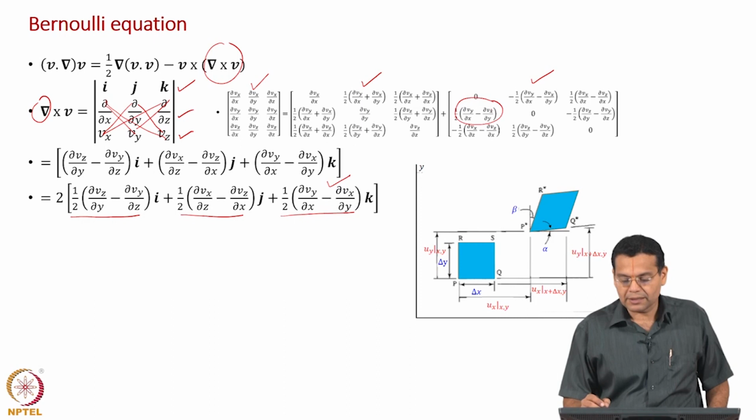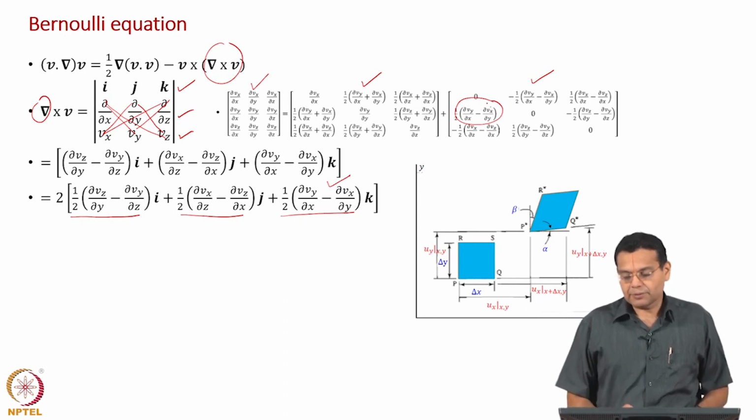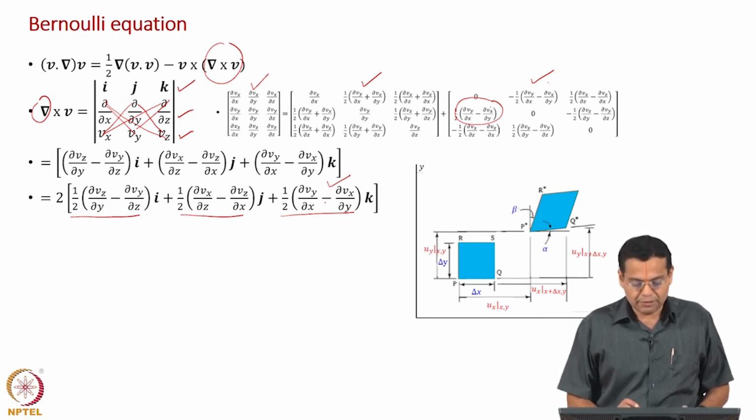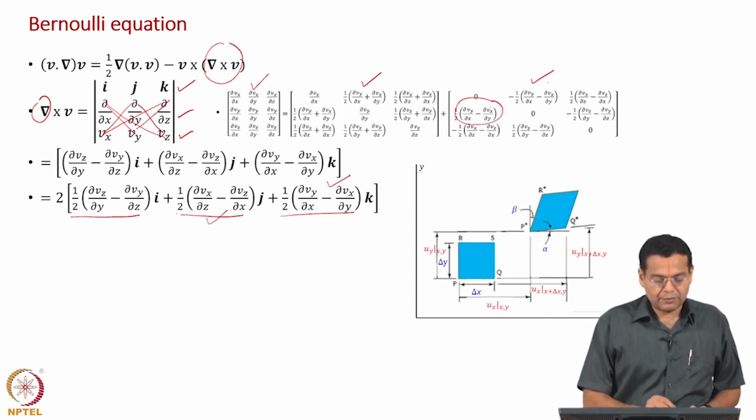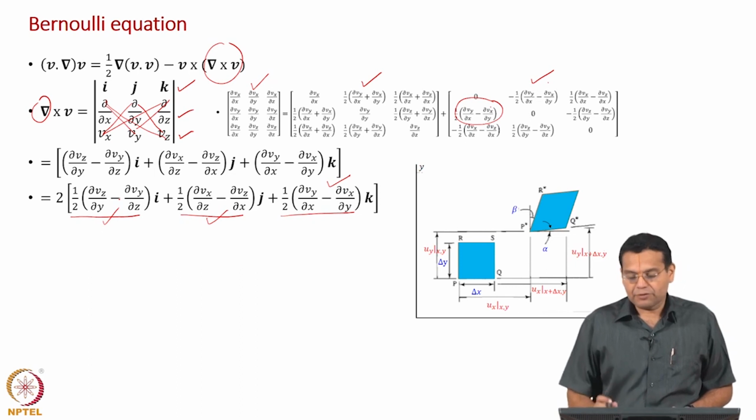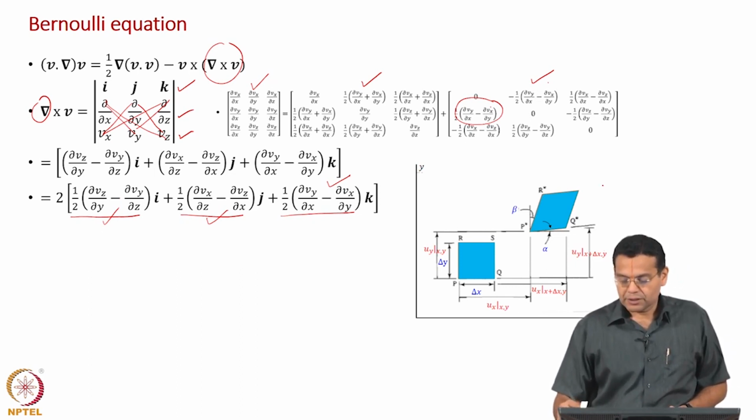Of course, we know that this is omega dot xy and this is minus omega dot xy. So, what we have here is omega dot xy. Similarly, these terms also represent the rate of rotation in the different planes. And that is what is shown here.